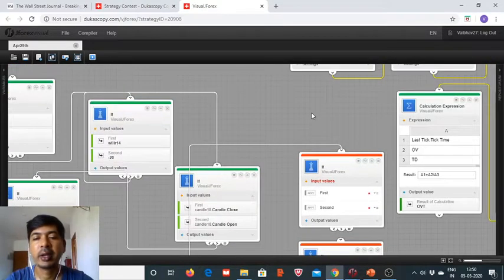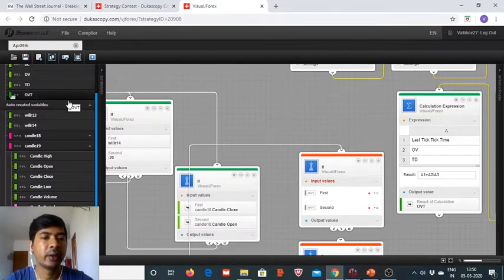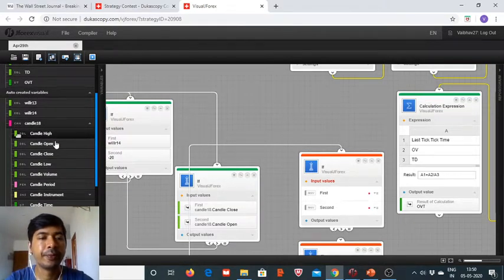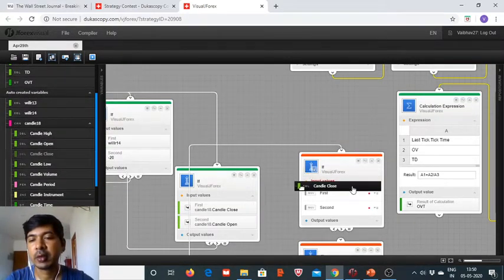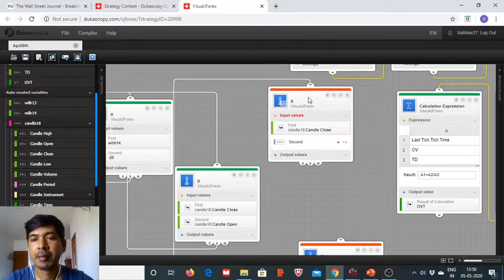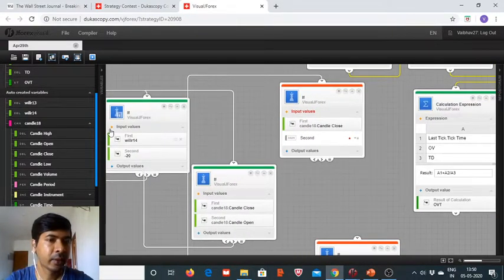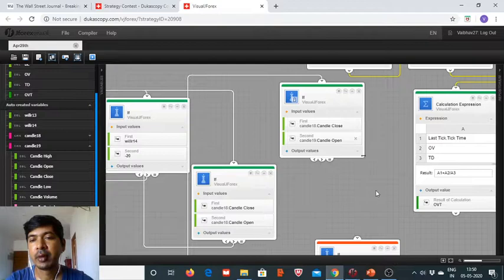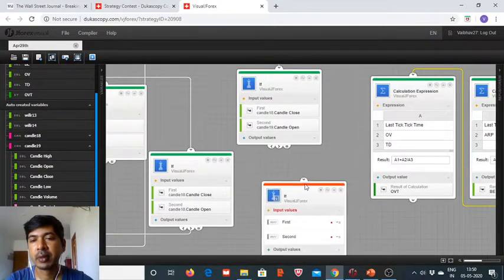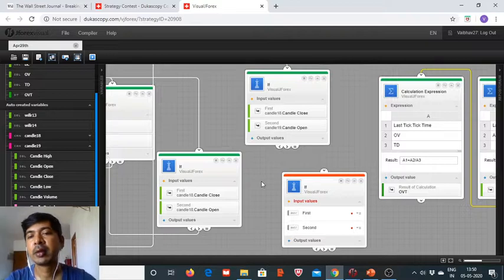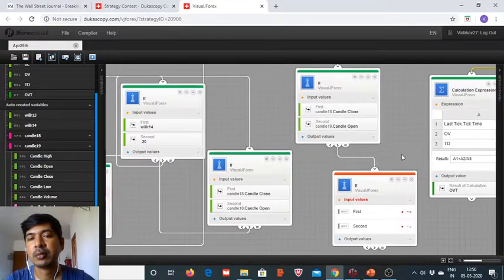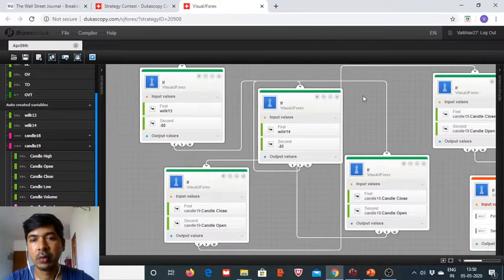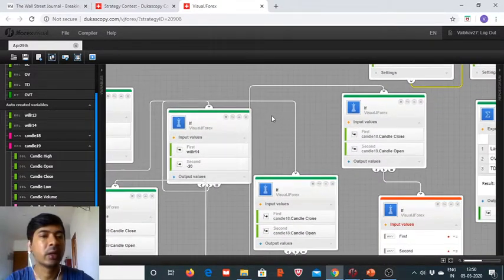So we take candle 18's close and then we compare it to candle 19's opening value, and it should be greater. So far so good, we have defined these many conditions.